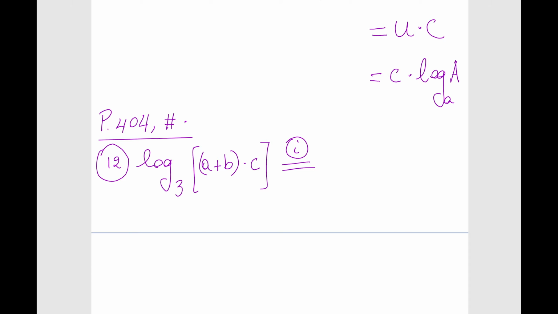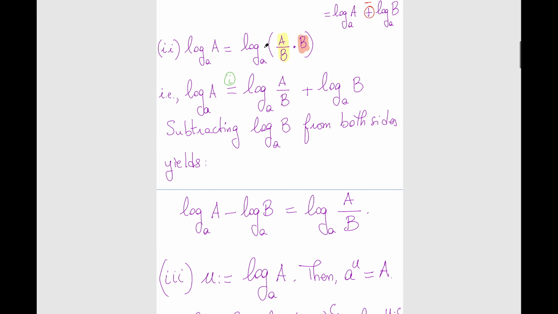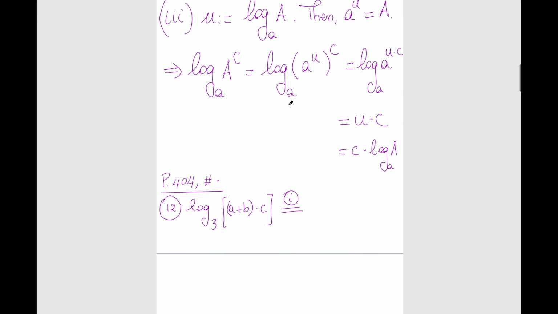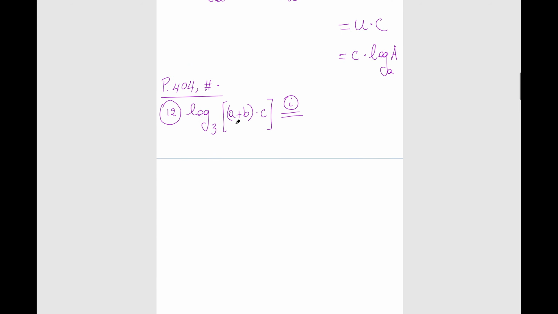And that property, if you remember, what does it do? This is what property 1 is, right? It takes the product, so log splits the product as the sum of logs. Okay, so what's the product here? The product here is a plus b as one of the factors and c as the other one.